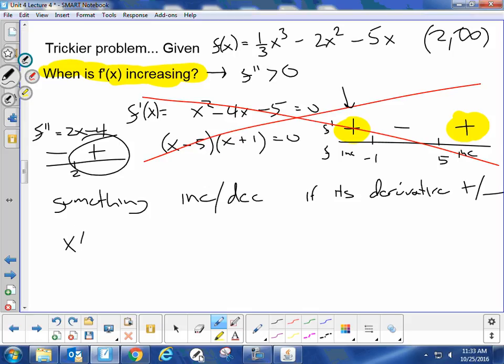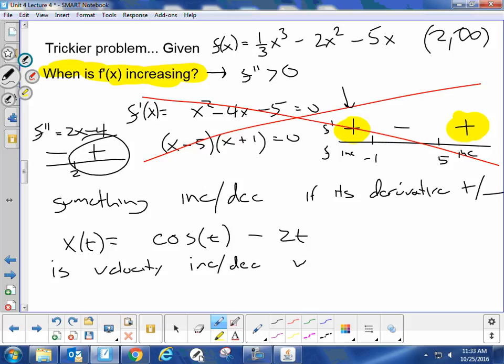If position is cos t minus 2t, is velocity increasing or decreasing when t equals 0? Go ahead and tackle that.